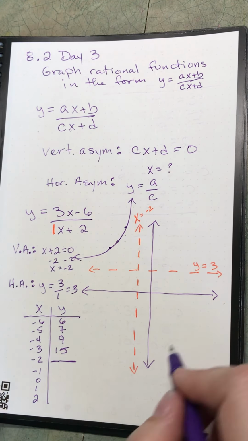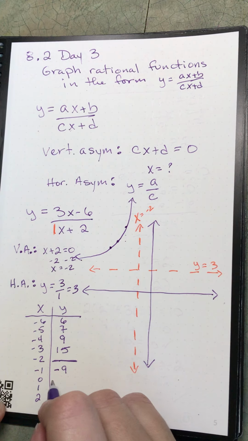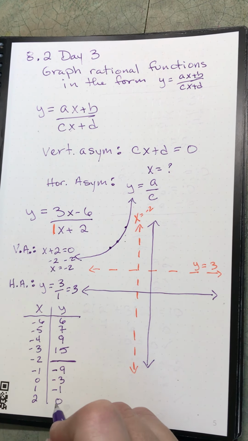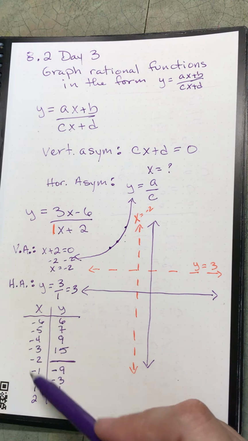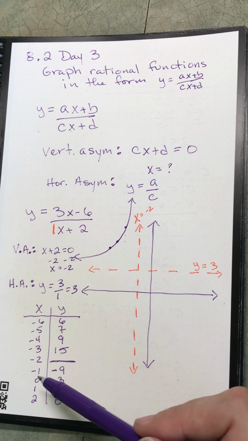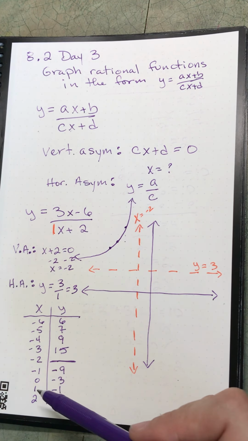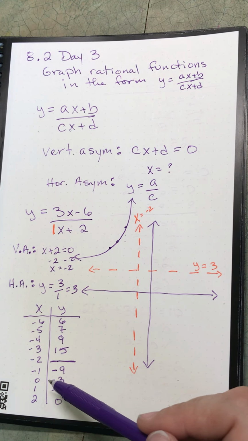And then going the other direction, at negative 1, I got negative 9. At 0, I got negative 3. 1, I got negative 1, and 2, I got 0. I would encourage you to actually practice for at least a few of these numbers, substituting the numbers in and making sure you get the same numbers.